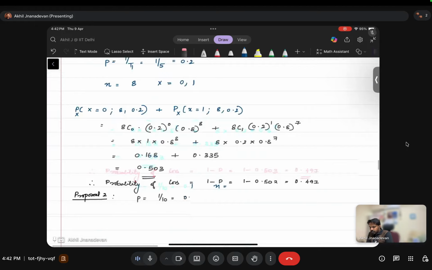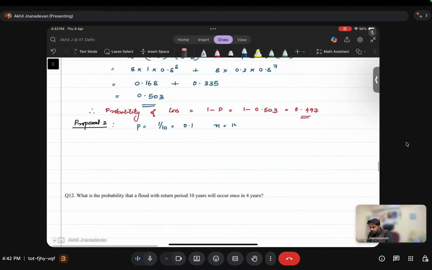Repair is done in 15 years once, right? So 15 is N, and X is the same, 0 and 1. So here also we can say P(X=0; 15, 0.1) plus P(X=1; 15, 0.1).